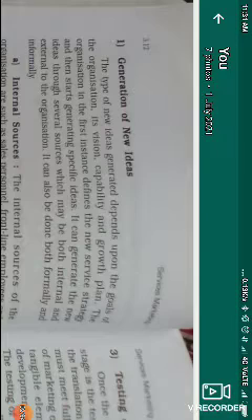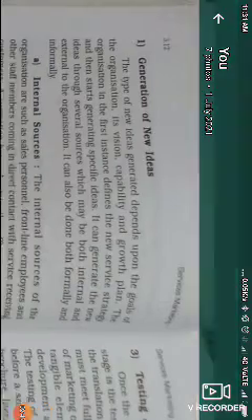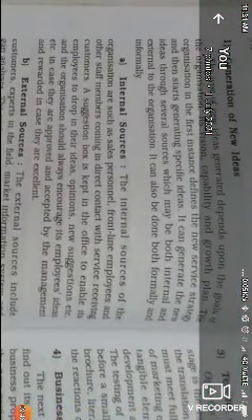What are those sources? Both internal and external to the organization. There are two sources: internal source and external source.